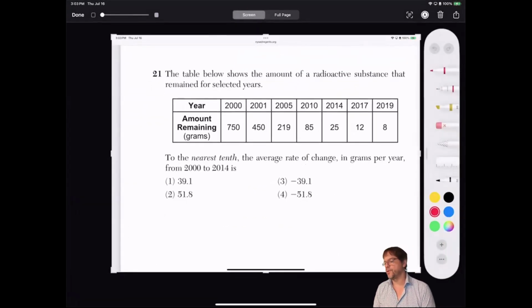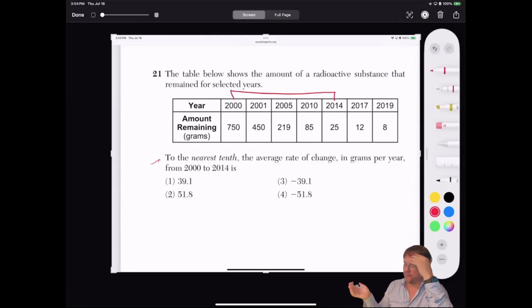The table below shows the amount of a radioactive substance that remained for selected years. 2000, 2001, so on. To the nearest tens, the average rate of change in grams per year from 2000 to 2014.